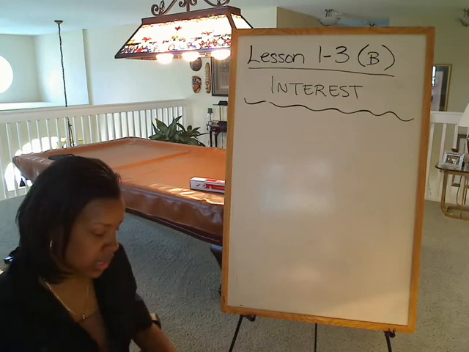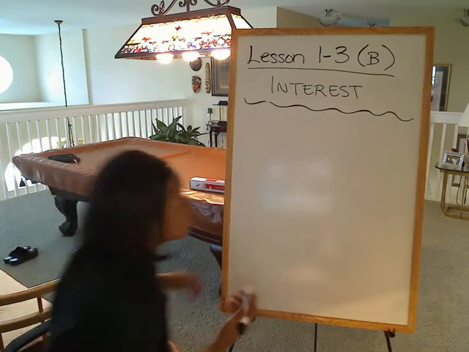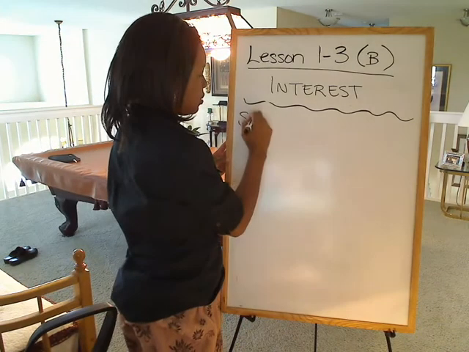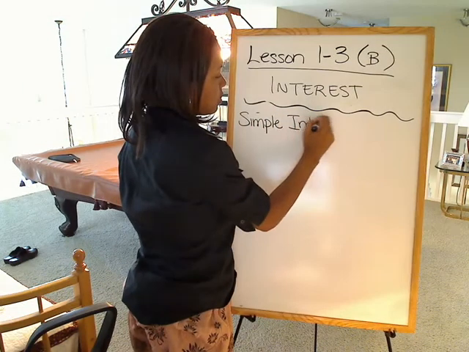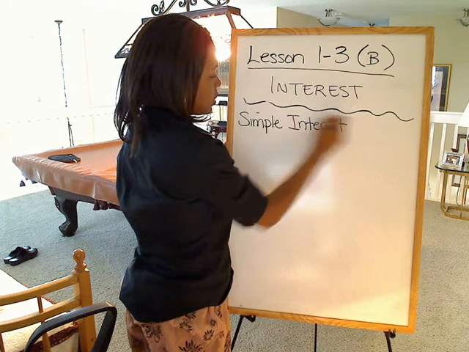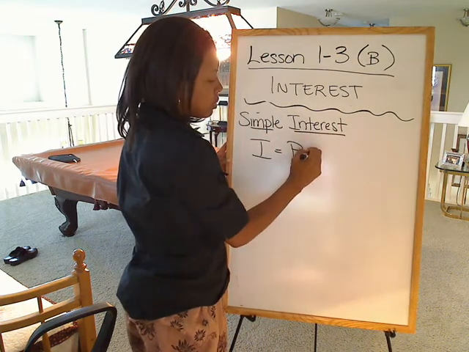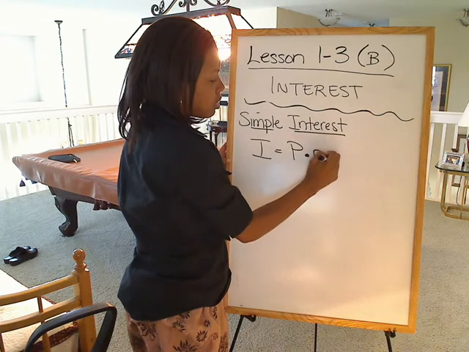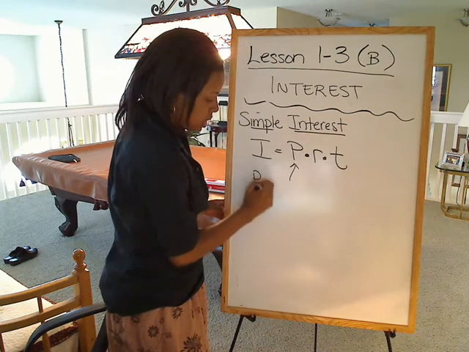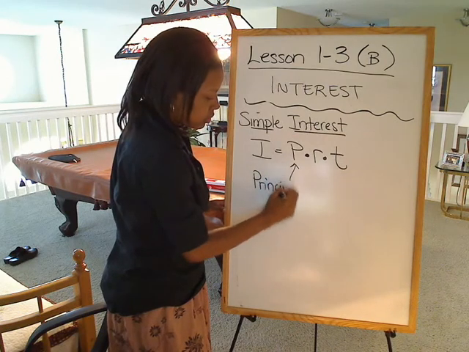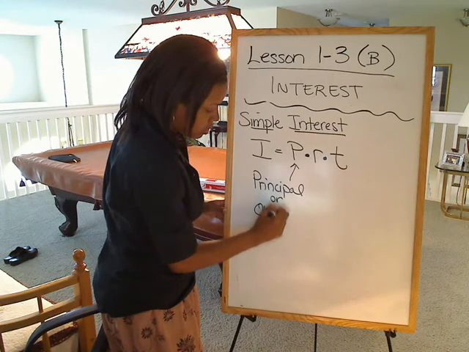Okay, so there is a formula for simple interest, and I'm going to write it up here. Simple interest can be found by multiplying P times R times T. P would be the principal amount, or the original amount.